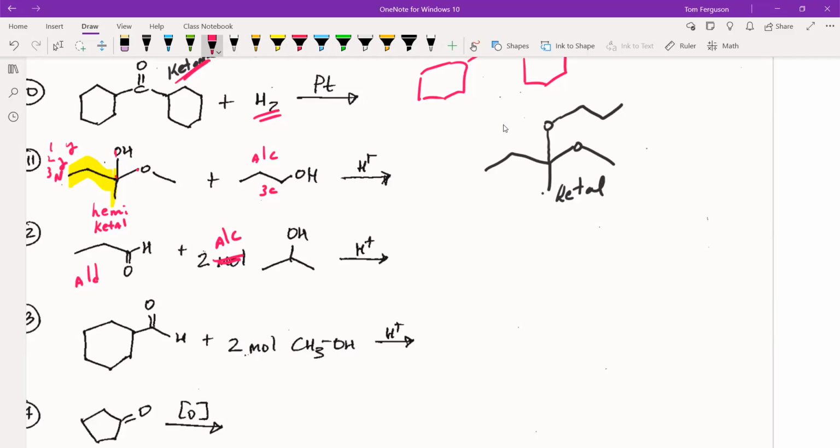And they are going to add first on the carbonyl group here, and that's going to form a hemiacetal. So the first structure is going to be, so this is an aldehyde, and that goes to a hemiacetal.